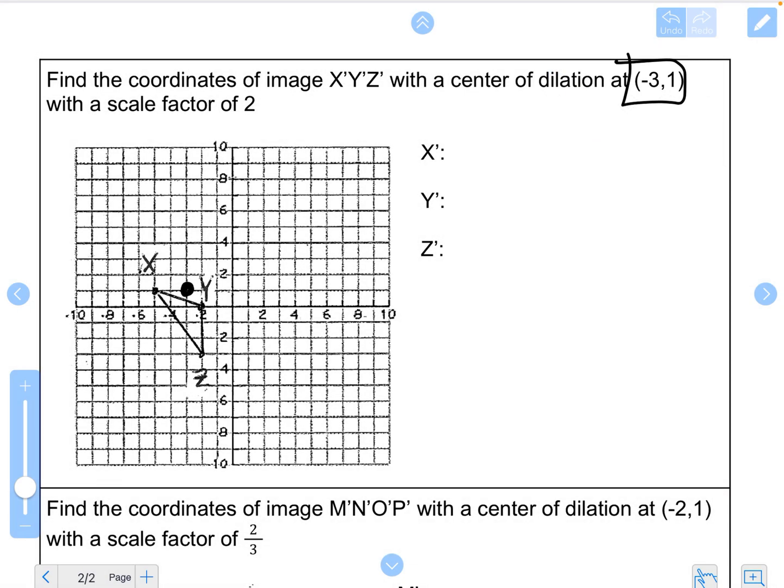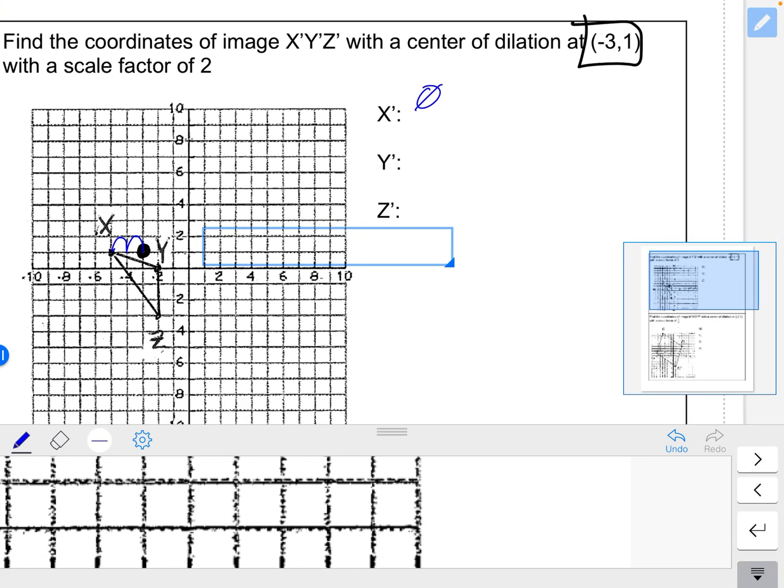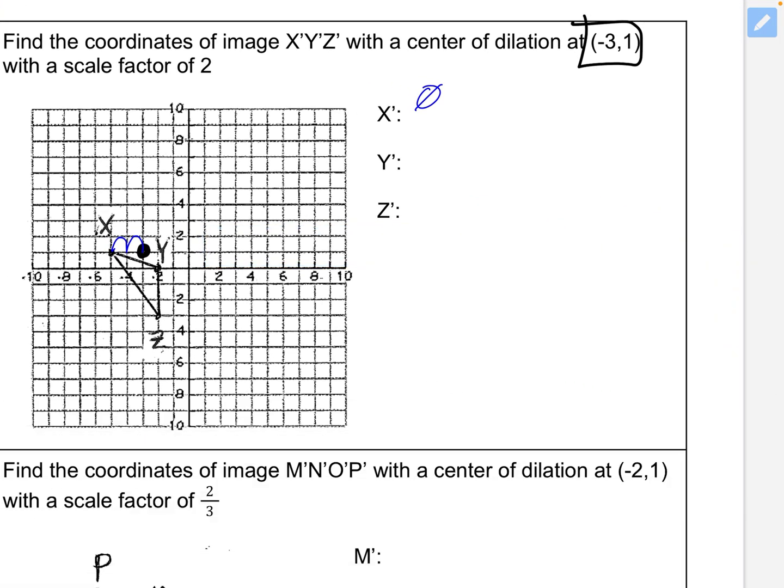I need to find essentially the rise and run between the points and the center of dilation. So for X, it is a run of 2, so it's a rise of 0. So it's a negative 2 over 0. For Y, it is over 1, down 1, so it's a negative 1 over 1.